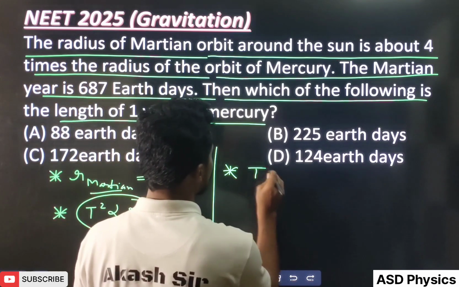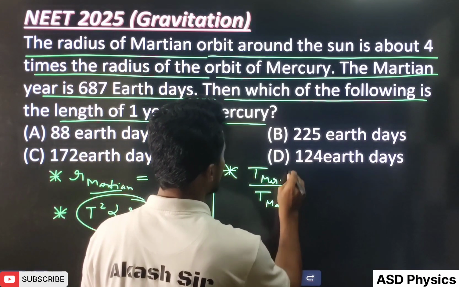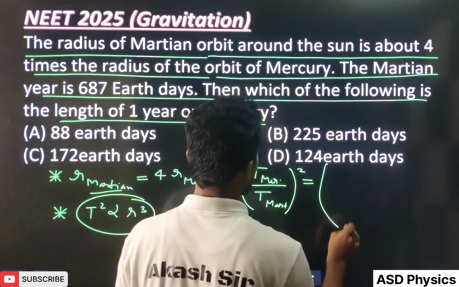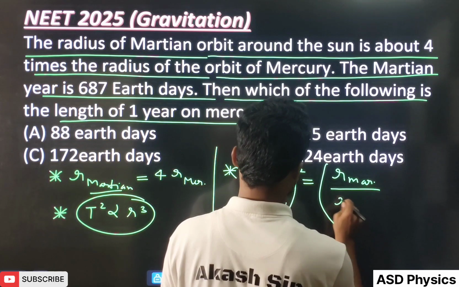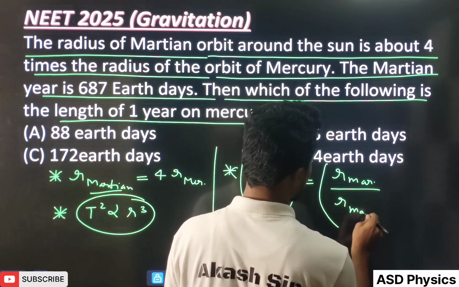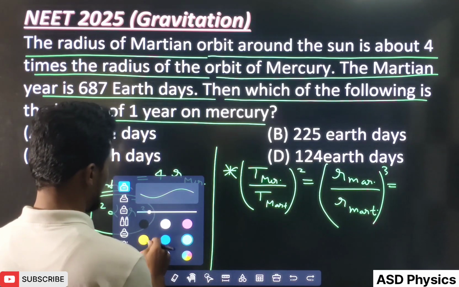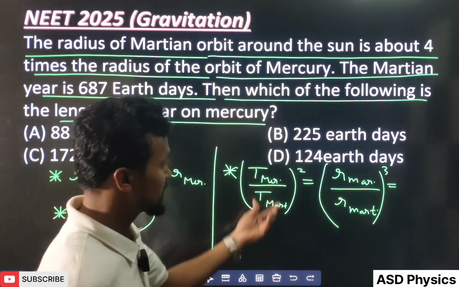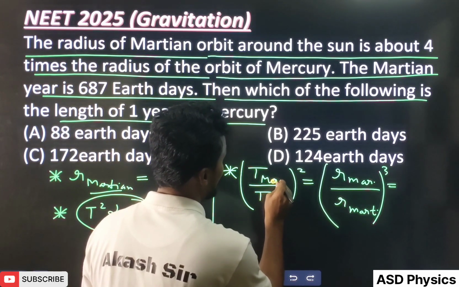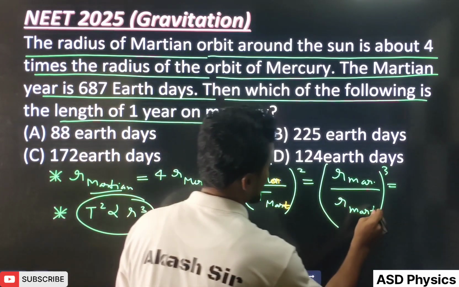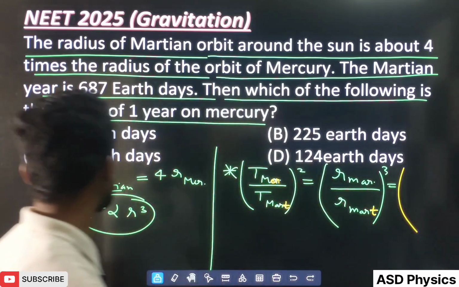Here you see T Mercury by T Martian whole square is equal to R Mercury by R Martian whole cube.